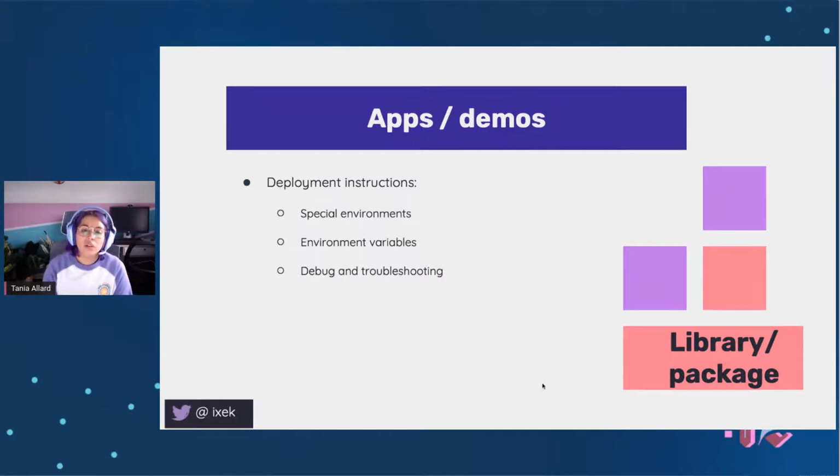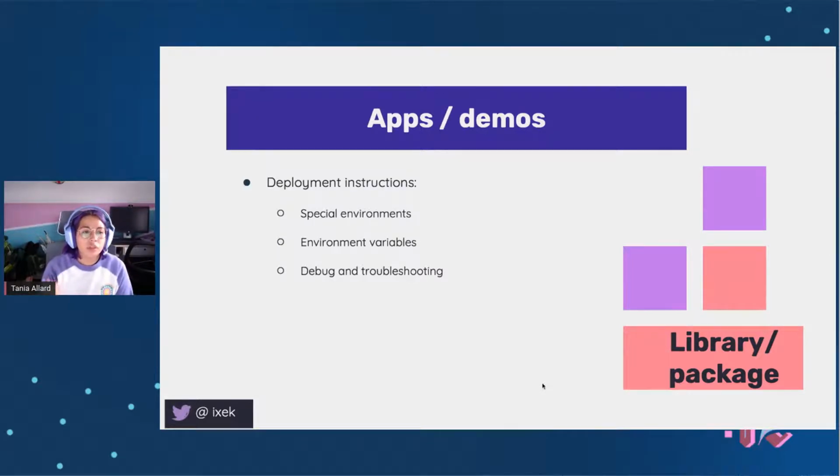So provide all of these deployment instructions on how they can go from zero to having a usable product. And this goes for both apps and demos. If this is a demo on how folks can get started creating websites with Gatsby, for example, make sure that you take them from zero to something usable.